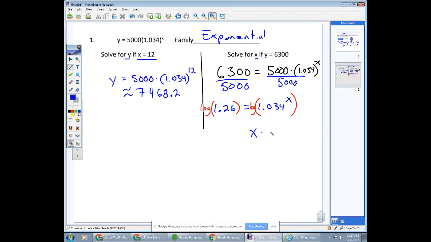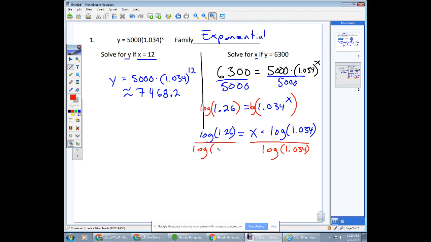So now it's x times the log of 1.034, and that equals the log of 1.26. Now at this point, I wouldn't recommend plugging the log of 1.26 into your calculator yet, because then we'll have to round and we could compound rounding error. How do I break this multiplication right there? Yeah, divide by that whole thing, log of 1.034. It's just some number, it just looks weird.